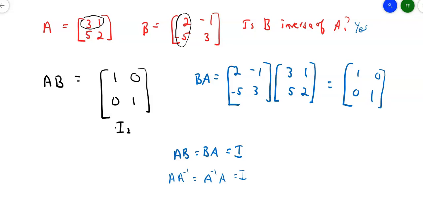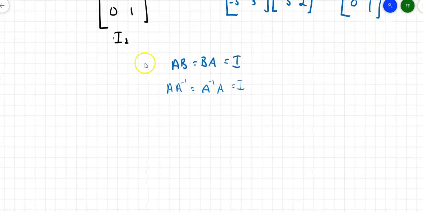Well, let's work through a process that will eventually lead us to something easier. So I know that if I multiply a matrix by its inverse, I get back the identity matrix. So let's try that. Let's take the matrix 3, 1, 5, 2. That was our original matrix A up at the top. And I'm going to multiply it by a matrix that has 4 coordinates, and I don't know what they are.